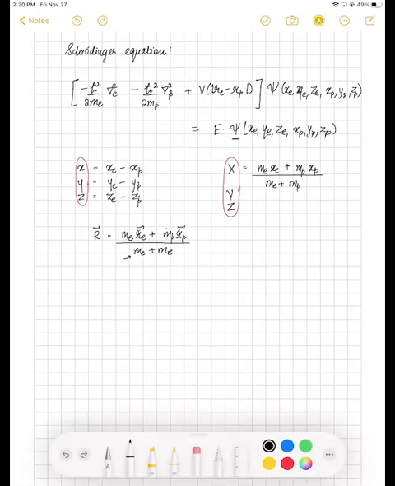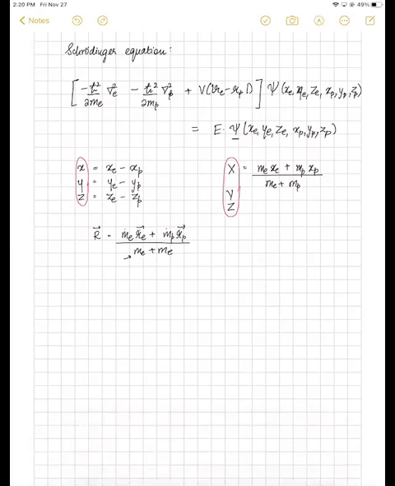So we want to be able to separate this gigantic equation into 2 easy to follow equations of 3 variables each. One of them will depend on small xyz, the other one will depend on capital XYZ. And that is precisely why we're defining these new variables.